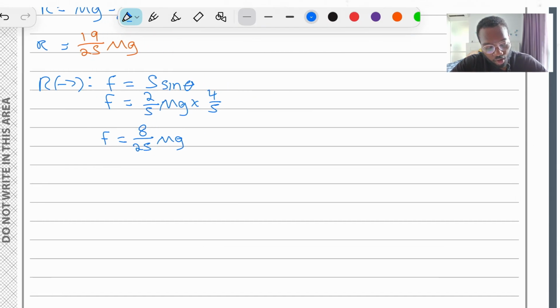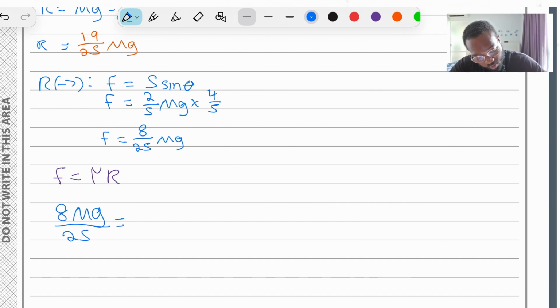We know that our reaction at A is 19 over 25 mg. Therefore, we know the equation is F equals mu R. So let's write it as 8 mg over 25 must equal mu times 19 mg over 25.